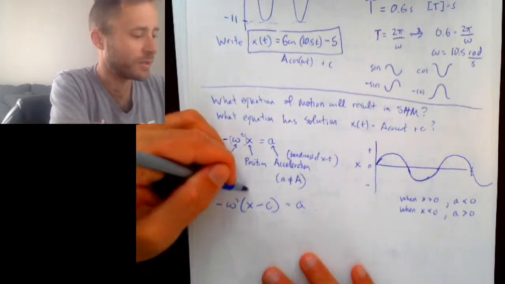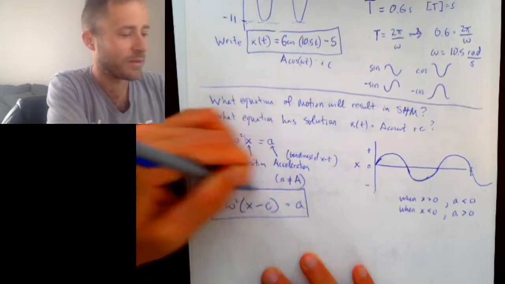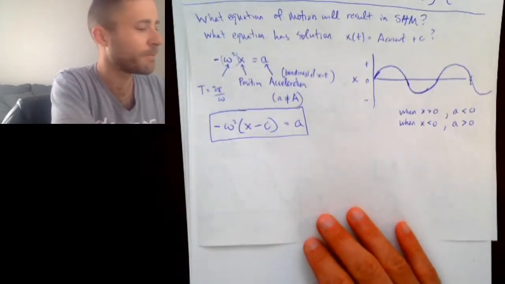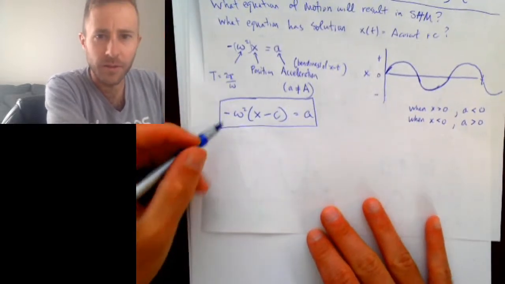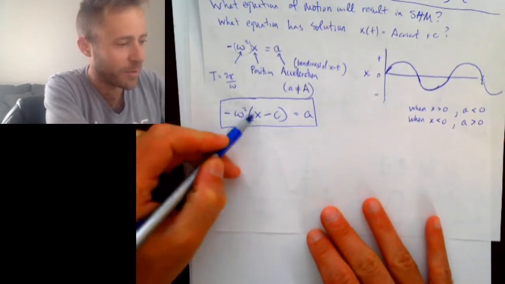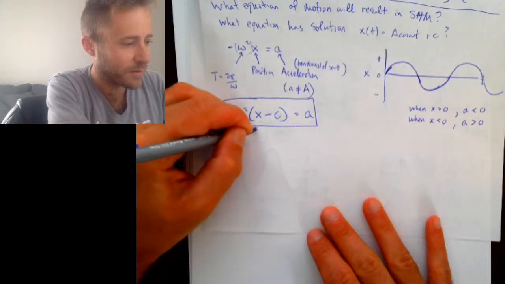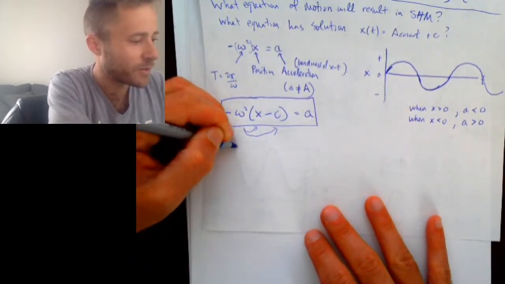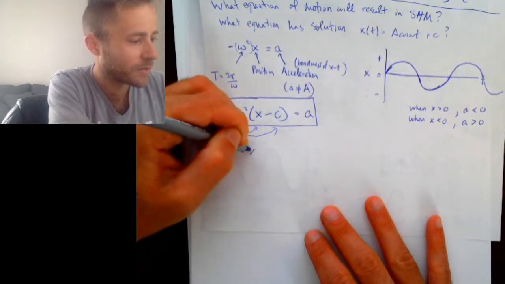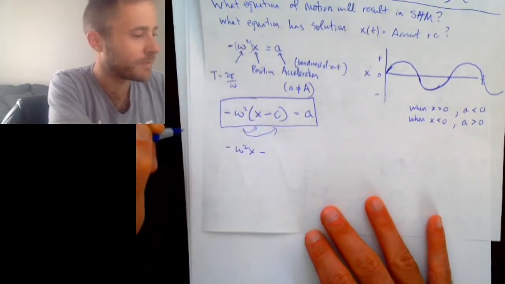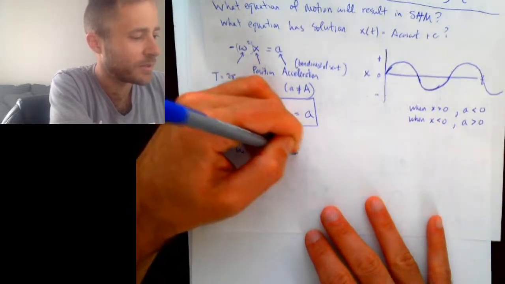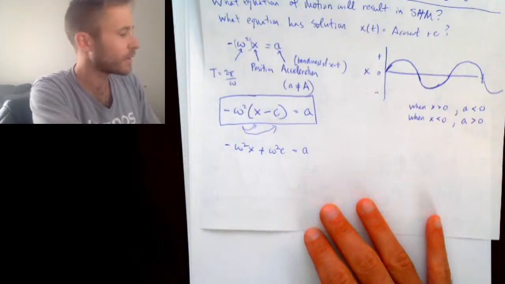So this is the equation that will result in simple harmonic motion in general, okay? If I wanted to multiply the negative omega squared through, I could do that, and I would get minus omega squared x plus omega squared c equals acceleration. All right?